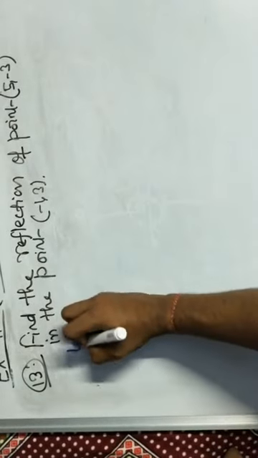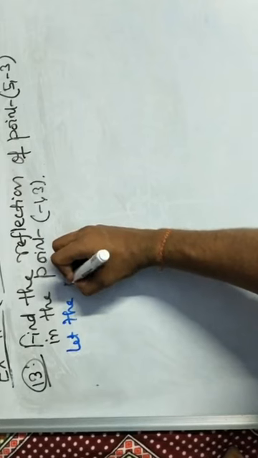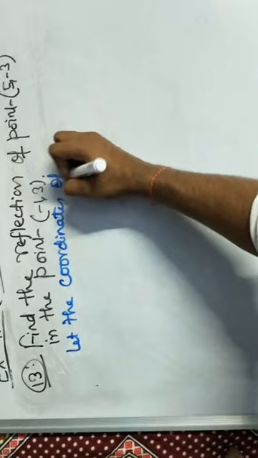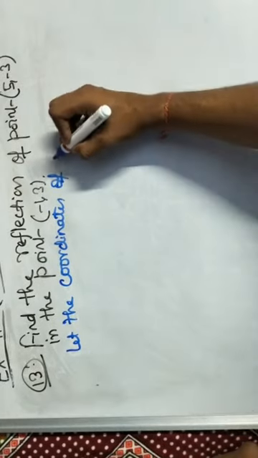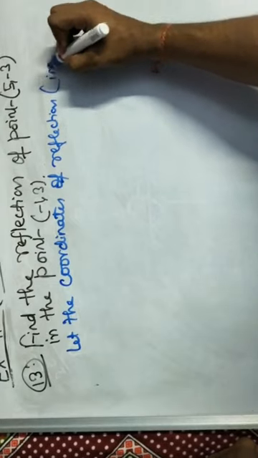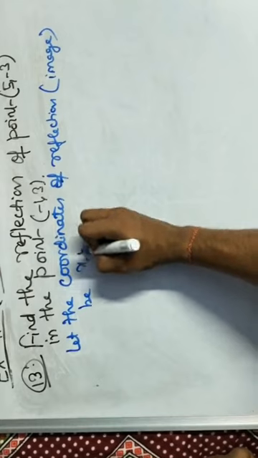I hope this concept is clear. Let the coordinates of the reflection, you can also call it image, be x comma y.